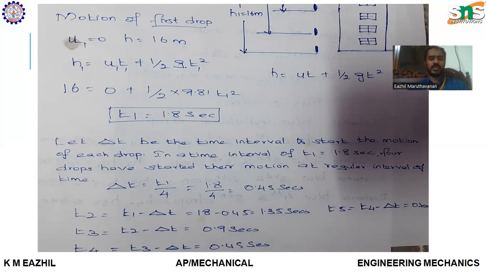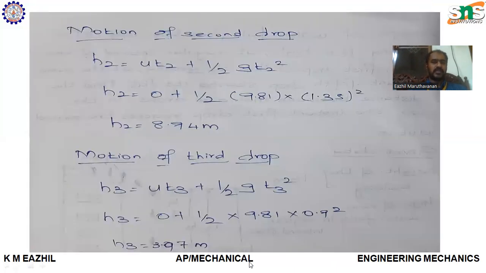So each droplet has a duration of 0.45 seconds. So when the first droplet strikes the ground, the second droplet travels 1.35 seconds. Likewise, the third droplet T3 travels 0.9 seconds and the fourth droplet travels 0.45 seconds.